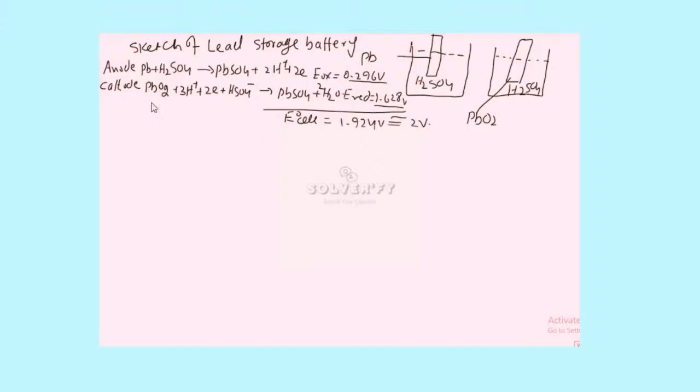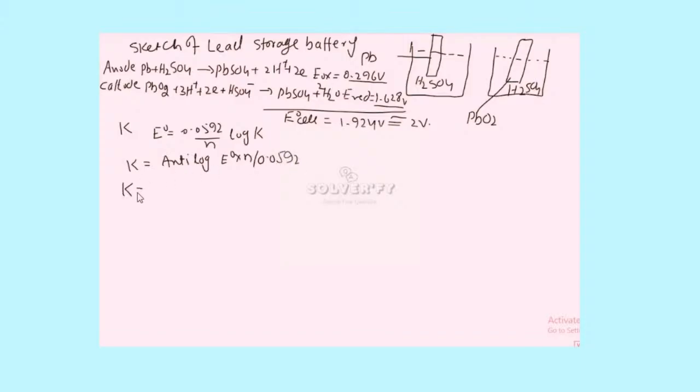Now to calculate the equilibrium constant K for this cell, as we know the equation that E naught is equal to 0.0592 divided by n log of K, or K is equal to the anti-log of E naught times n divided by 0.0592.